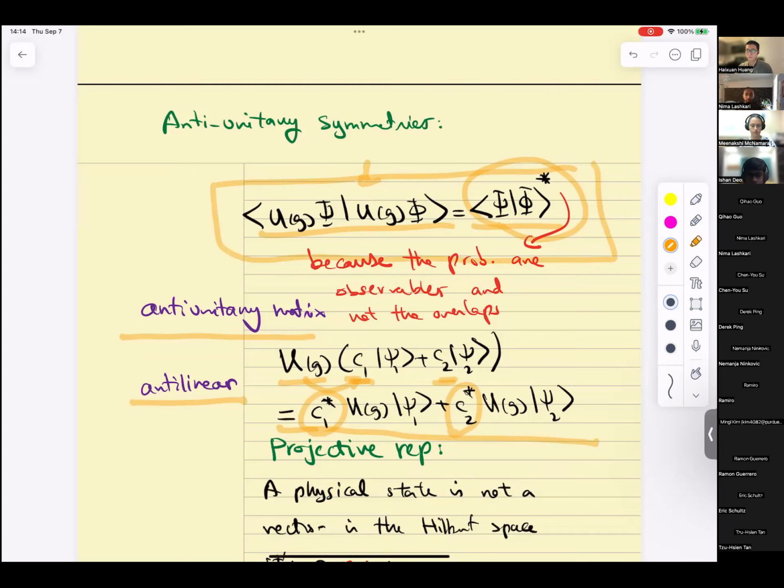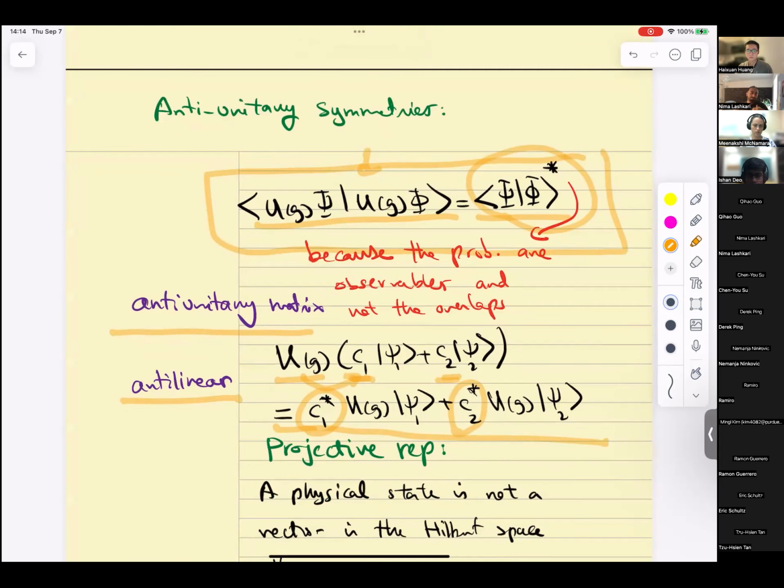Now, most of the symmetries we discuss in physics are going to be represented using unitary representations. There are special examples where you're dealing with anti-unitaries, and they come up in quantum field theory. There are important examples of symmetries in nature.